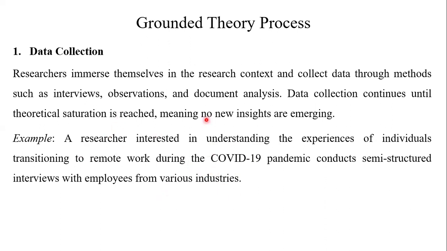So here, the research objective of the researcher is that he is interested to understand how remote workers, the people during COVID-19, managed to work remotely. And he has collected data from semi-structured interviews with these employees from various industries. So this is the first step, that is the data collection.